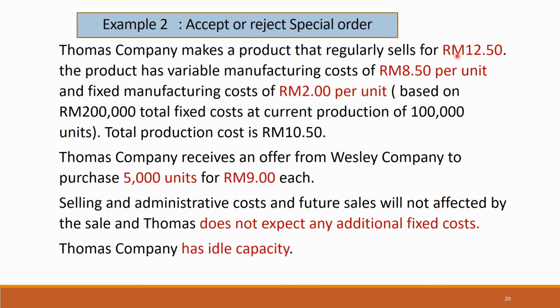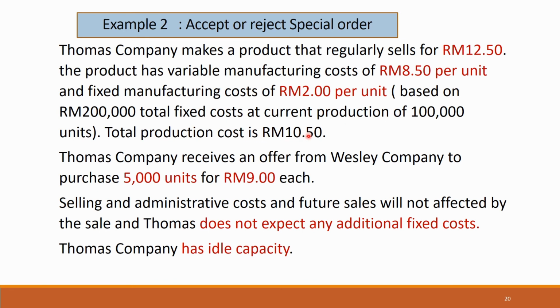The product has a variable manufacturing cost of RM8.50 per unit and a fixed manufacturing cost of RM2 per unit, based on RM200,000 total fixed cost at current production of 100,000 units.